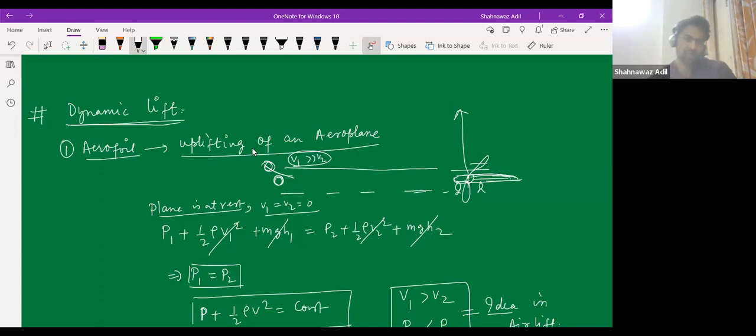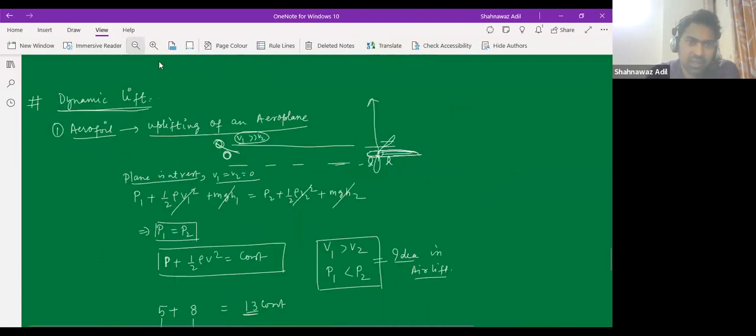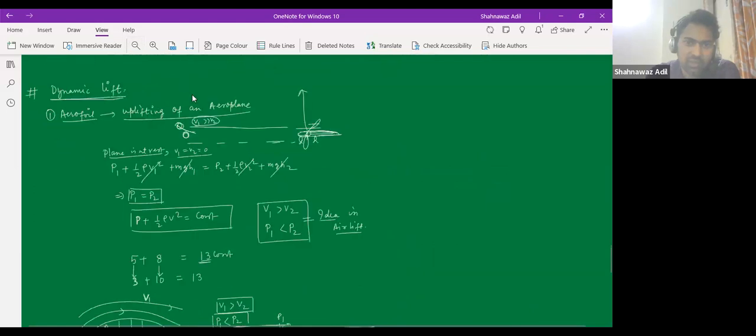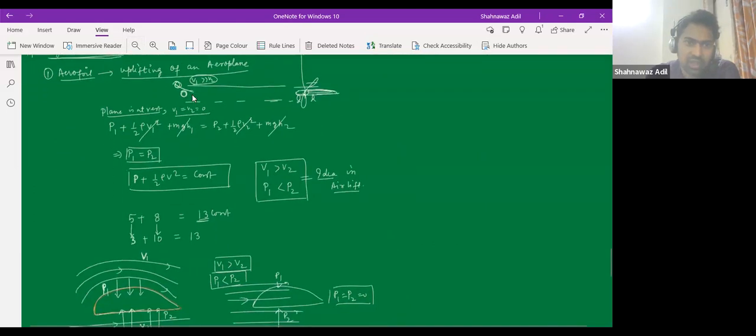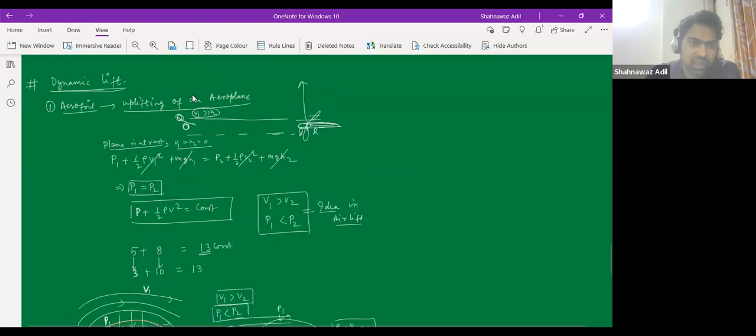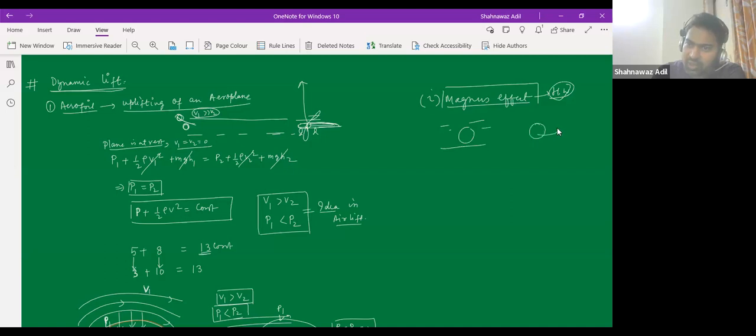Okay, then you guys please note this down, and then we will do one numerical which is very important on this. There are other uses as well. So we have this Magnus effect. You guys please read that part. We have this ball which is not swinging, and then this ball which is swinging.